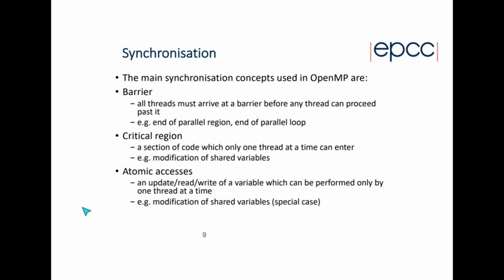So you can't use this mechanism to treat things like general while loops. There are other ways of handling that, which I will not be covering in this course. That's an advanced topic which is covered when we run the advanced OpenMP course.